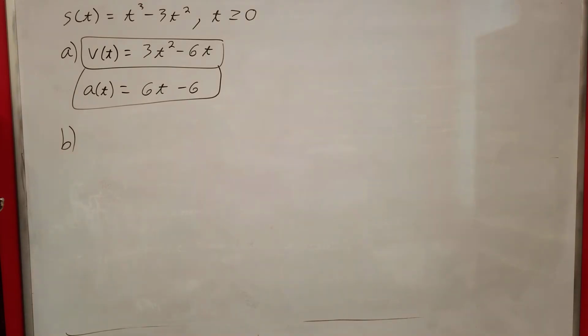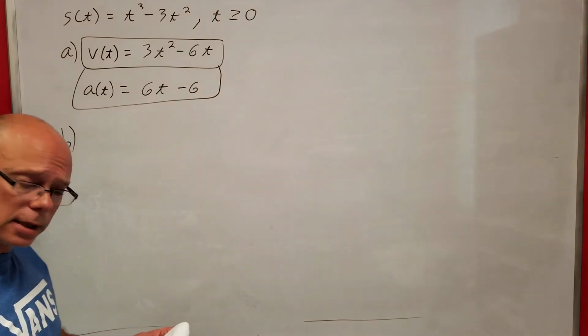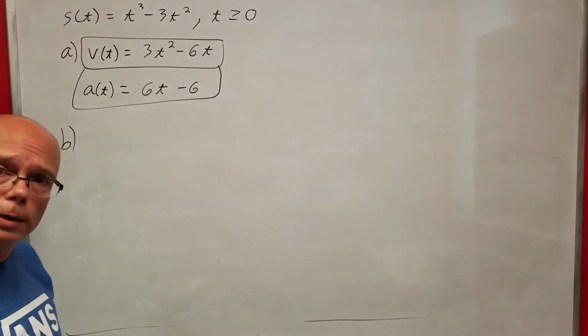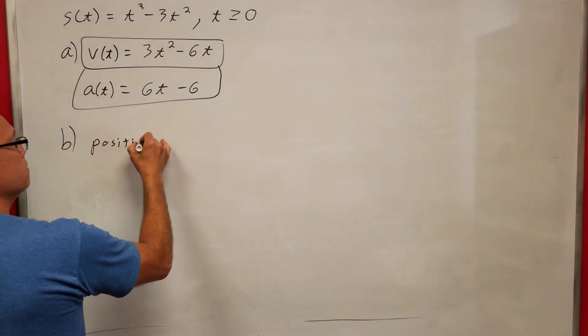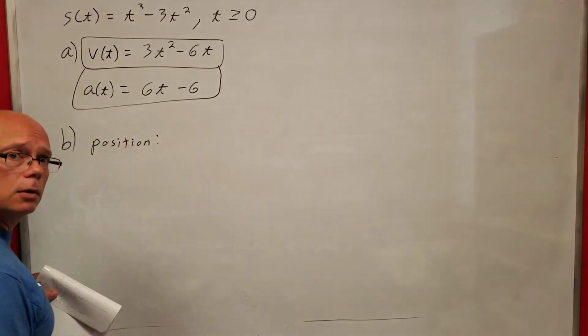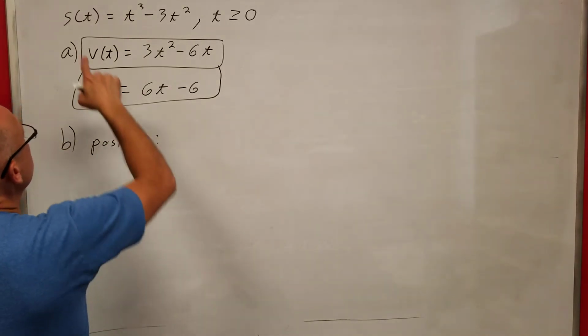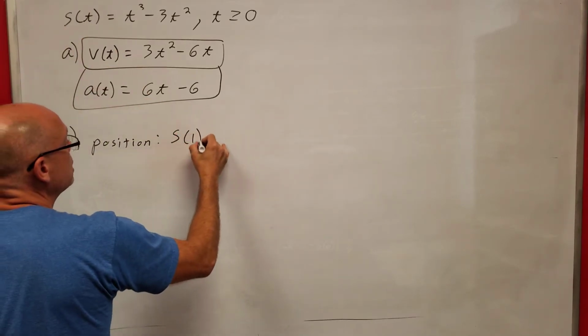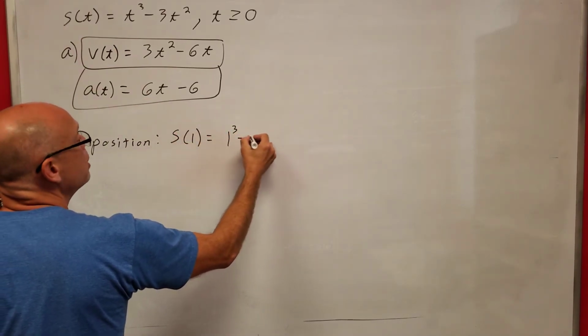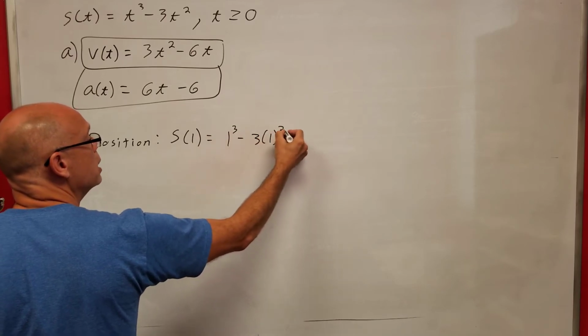How about part B? Find the position, velocity, speed, and acceleration at time t equal to 1. Find the position at time t equal to 1. So all you do is evaluate this position function at 1. S of 1 is equal to 1 cubed minus 3 times 1 squared.